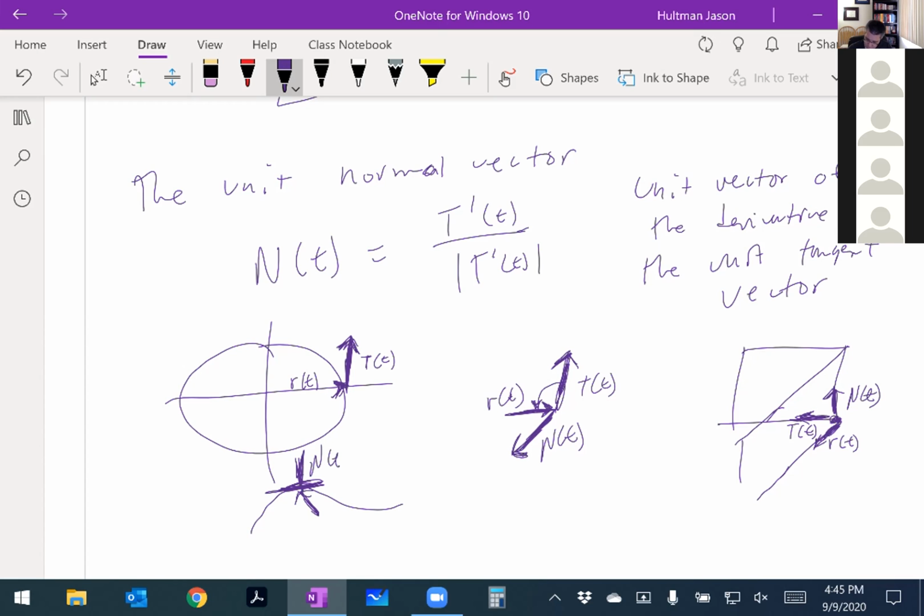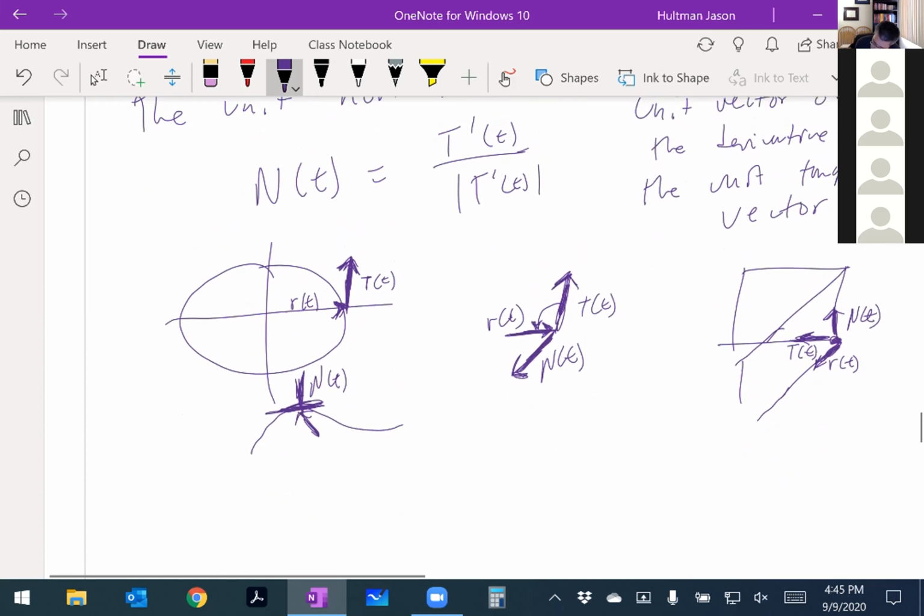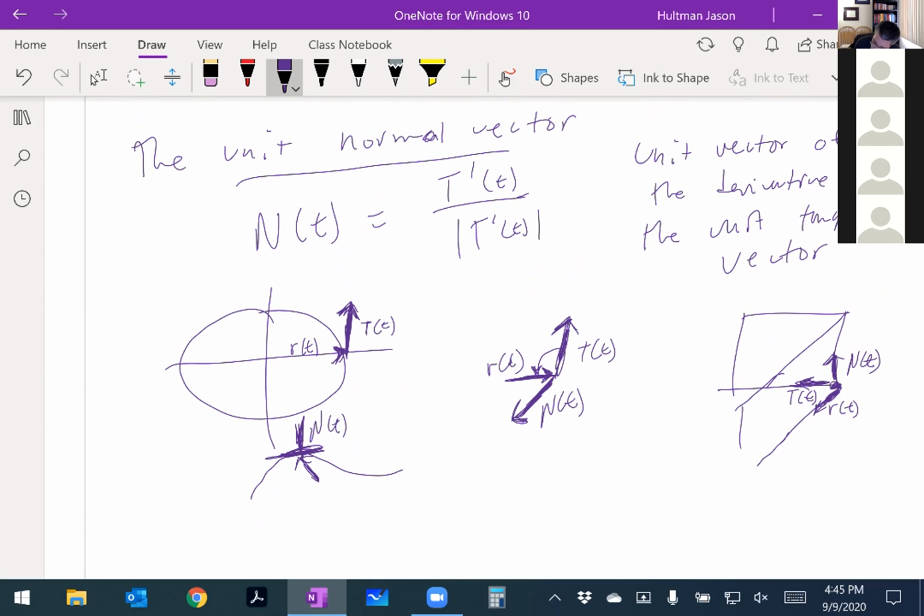So that's the unit tangent vector, and this is orthogonal to T of t. It's called the unit normal vector, and it's always orthogonal to the unit tangent vector.